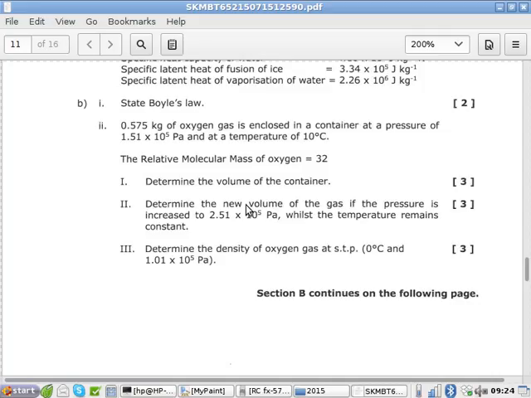R is 8.31. The temperature is 10 plus 273.15, over the pressure in Pascal, 1.5. That's it. So I don't have to do that calculation? No, do it now. Don't you have a calculator? That's lazy.